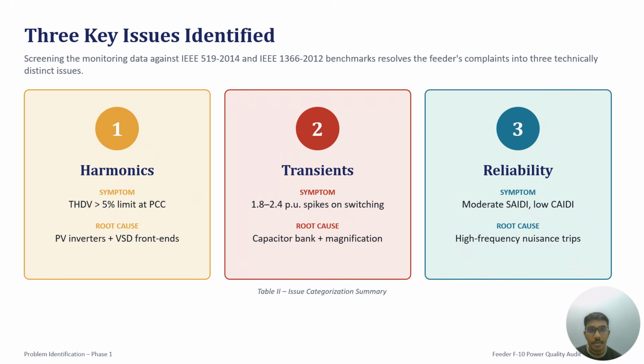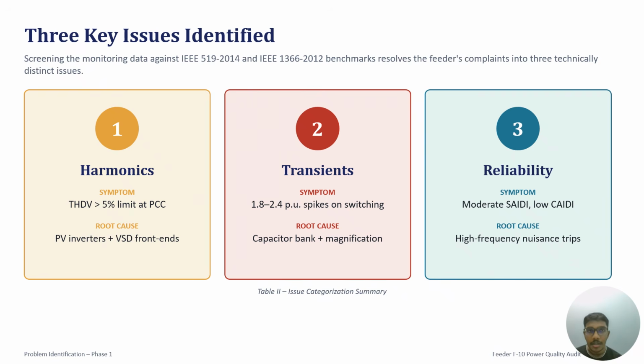First, harmonics. The symptom is total voltage harmonic distortion exceeding the 5% limit at the point of common coupling, and the root cause is the combination of PV inverters and VSD front ends. Second, transients. As we can see, voltage spikes of 1.8 to 2.4 per unit on switching events are rooted in the capacitor bank interacting with the network through resonant magnification.